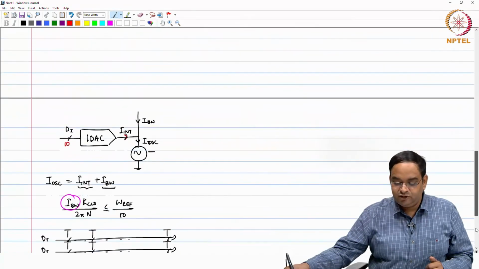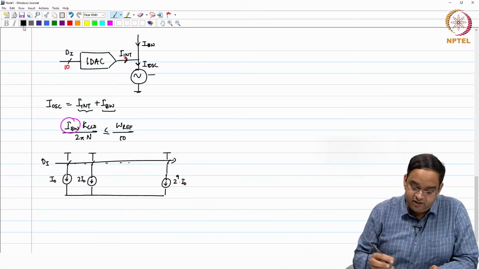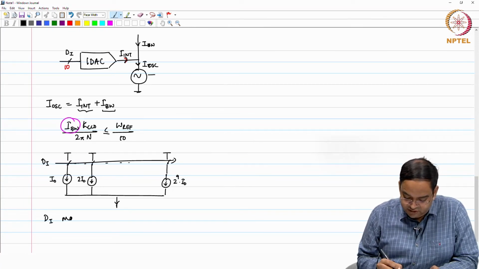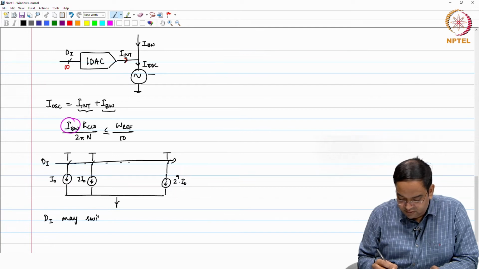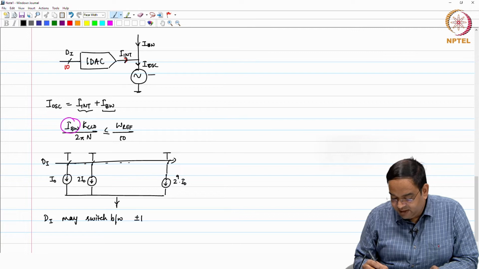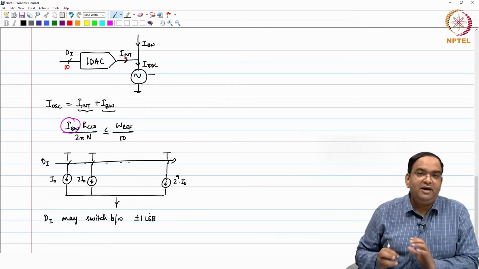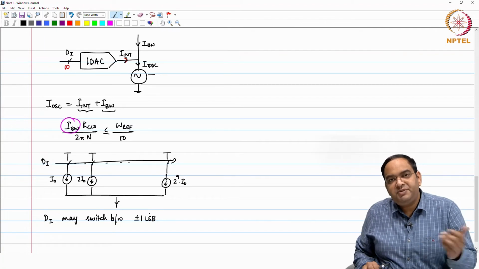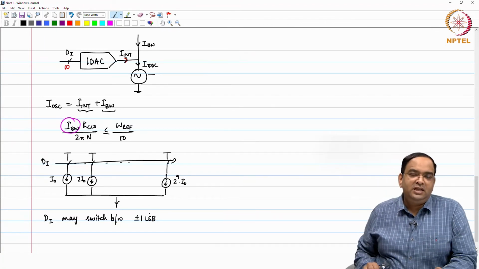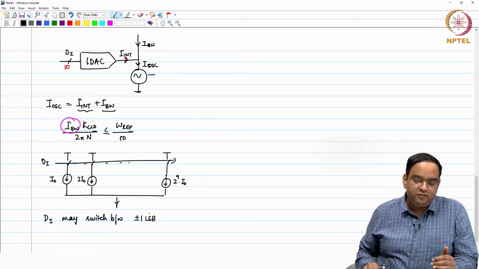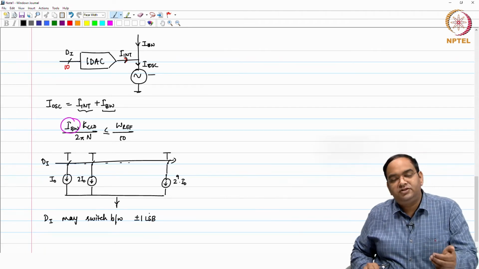So, in the locked state, DI may switch between plus minus 1 LSB, or whatever the steady-state value is, it may switch between 0 and 1 LSB, and that way your current is going to be switching between 0 and I naught.